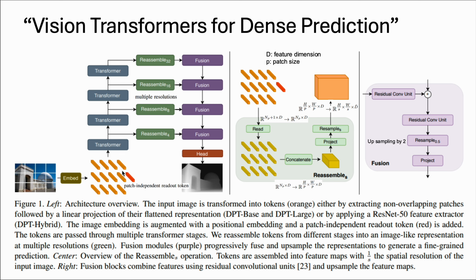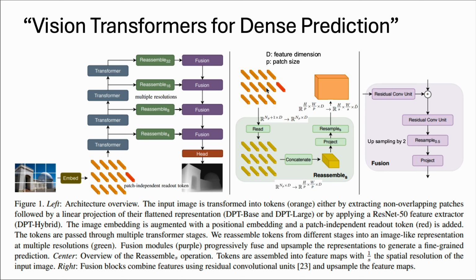These tokens were fed into levels of transformer modules. Then this green box is called the reassemble module. This green box takes one input and generates one output. This green box is further explained here: one input, one output.